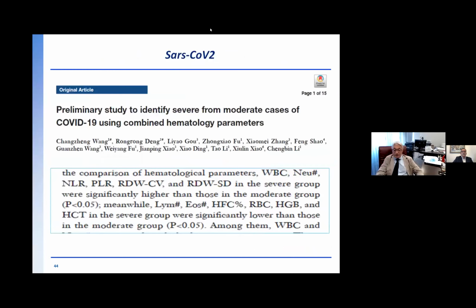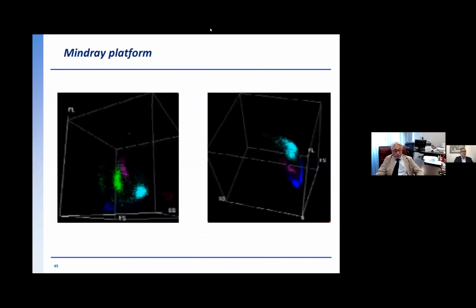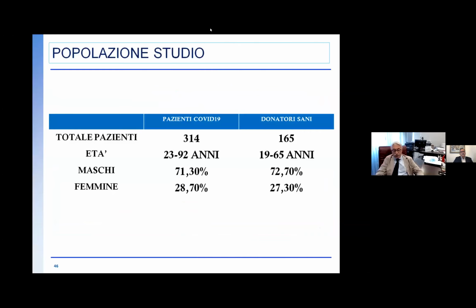And we also studied and assessed these positional parameters in subjects with COVID-19. Being in an infective disease hospital ward, positional parameters are assessed also with reference to COVID-19 patients. Thanks to the MindRay platform, we studied these COVID patients. This is a famous 3D cube that is used by the MindRay platform.